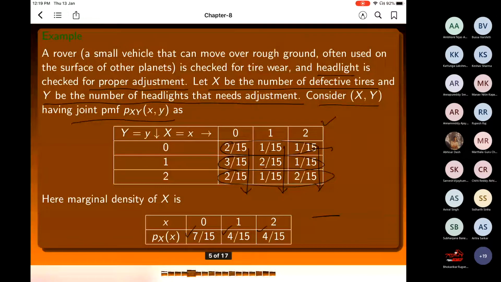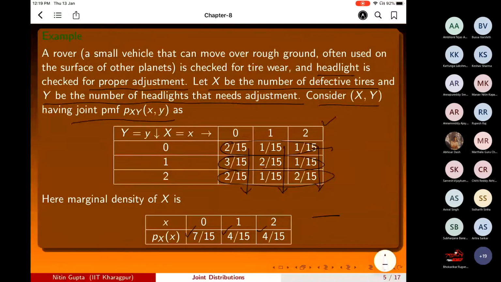If you have to find the expected value of X, you will use the summation of x p(x). Similarly, the expected value of Y will be the summation of y p(y). And if you want to find the expected value of XY, you will take the double summation of xy p(x,y).